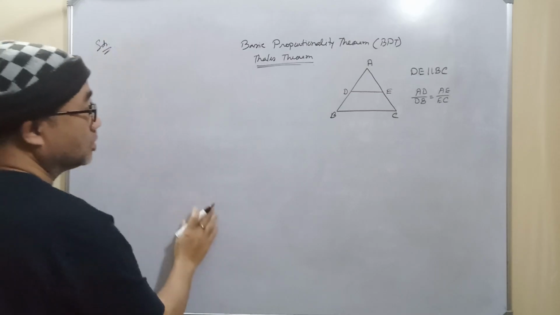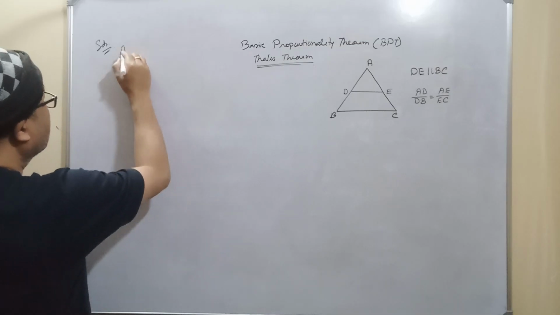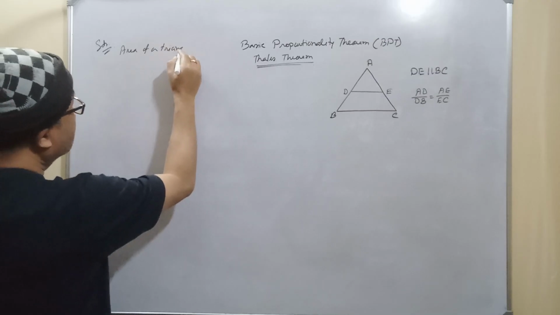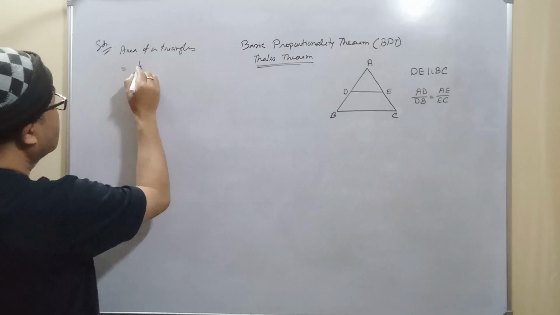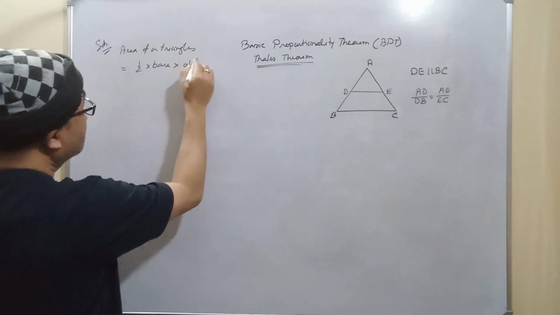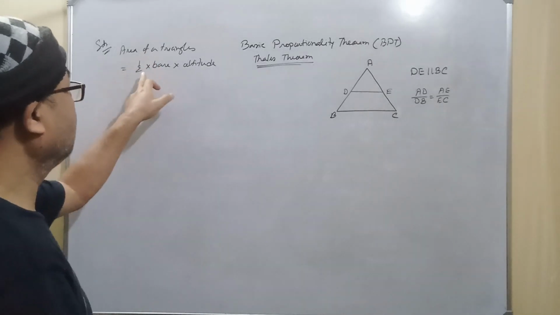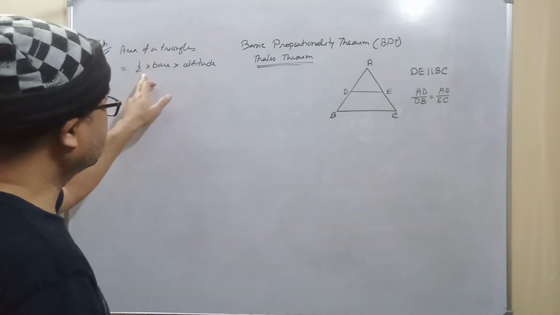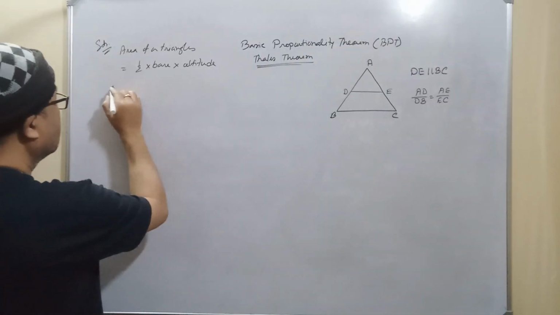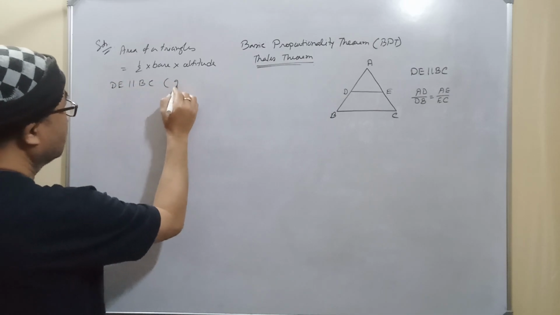To prove this theorem, we will use area of a triangle. What is the formula for area of a triangle? It is half of base into altitude, right? This is the formula. Area of a triangle is half of base into altitude. DE is drawn parallel to BC. It is given.